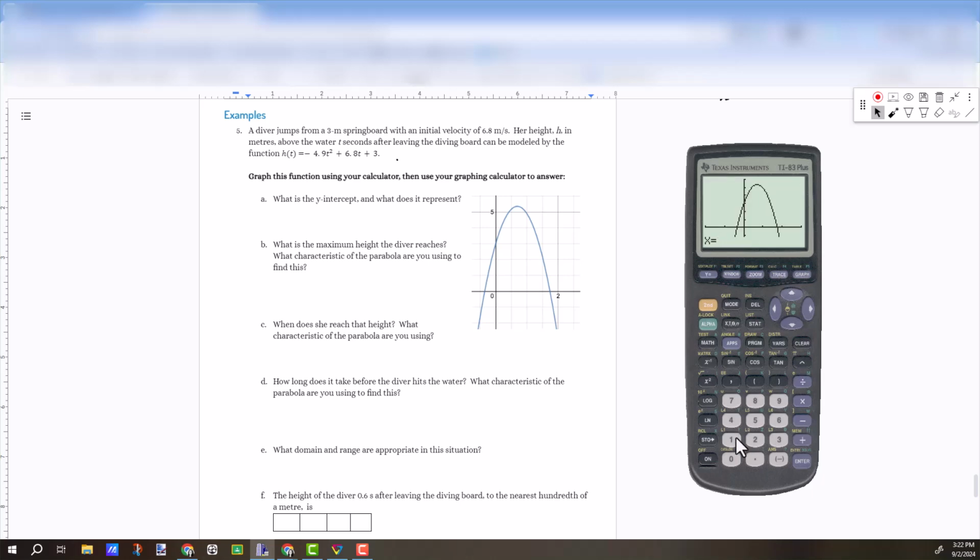We know the y-intercept occurs when x equals 0. So we hit enter, and it tells us that the y-intercept is 0 and 3. Okay, so what is the y-intercept? It is 0 and 3. Notice intercepts are points, and you must state the x and y value.